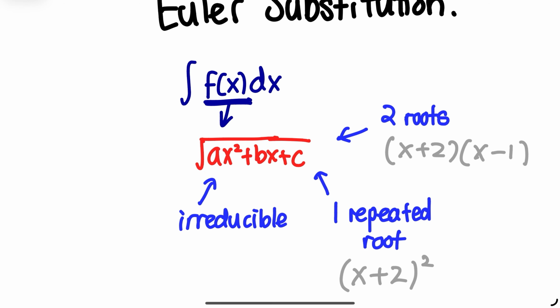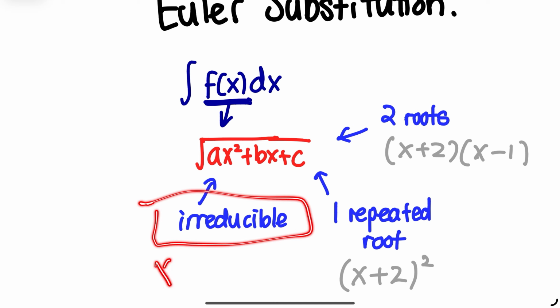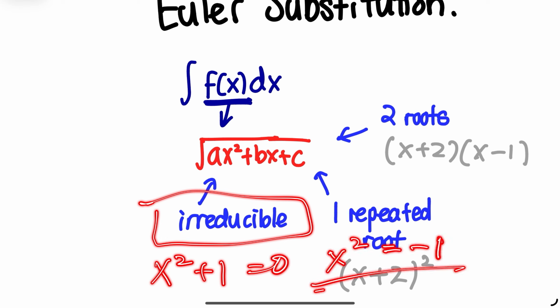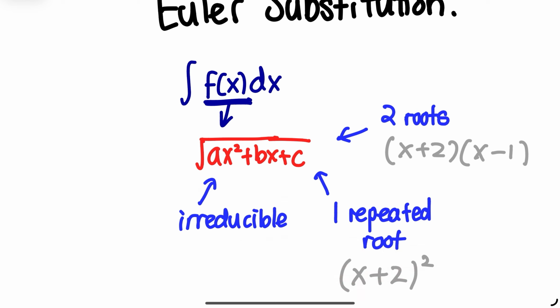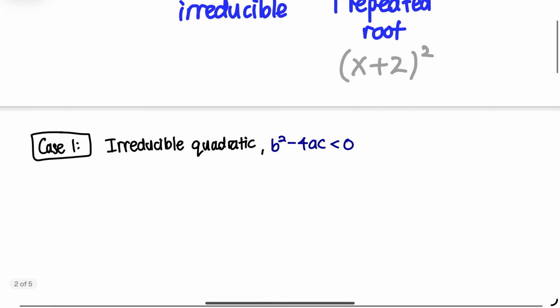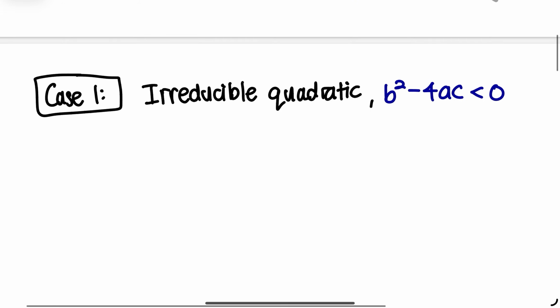But when it comes to two roots, or irreducible, there is something like x squared plus 1 equal to 0. How are we supposed to solve for x squared equal to negative 1? It is unsolvable, or it is something you just cannot factorize. That is when we use the irreducible quadratic case. In this video I will show you case 1, which is the irreducible quadratic.